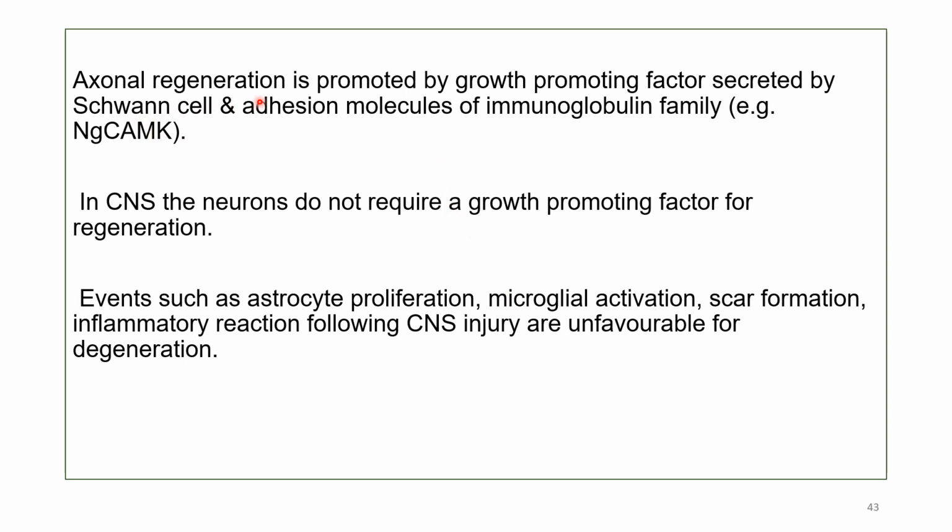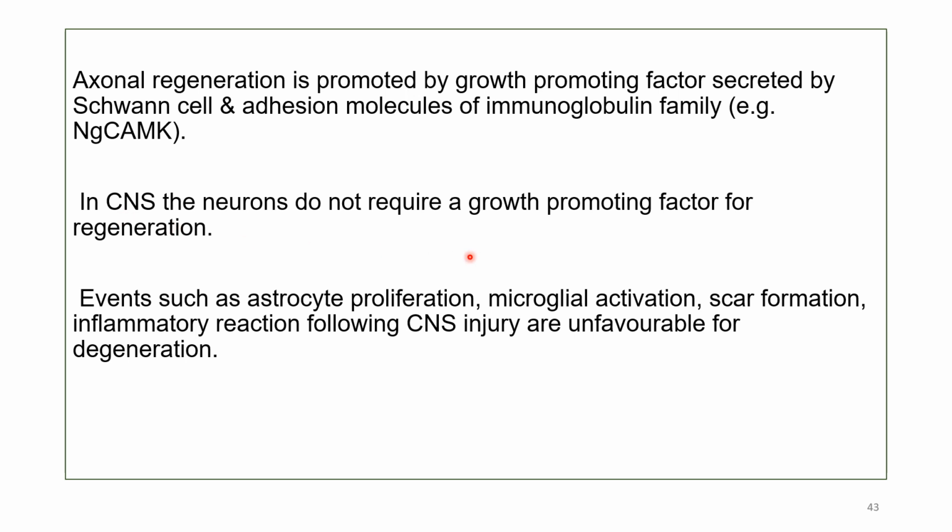The axonal regeneration is promoted by growth promoting factors which are secreted by Schwann cells and also adhesion molecules of the immunoglobulin family. Okay. In the CNS, the neurons do not have growth promoting factors for regeneration. Events such as astrocyte proliferation, microglial activation, scar formation, and inflammatory reaction following CNS injury are unfavorable for regeneration. Okay.